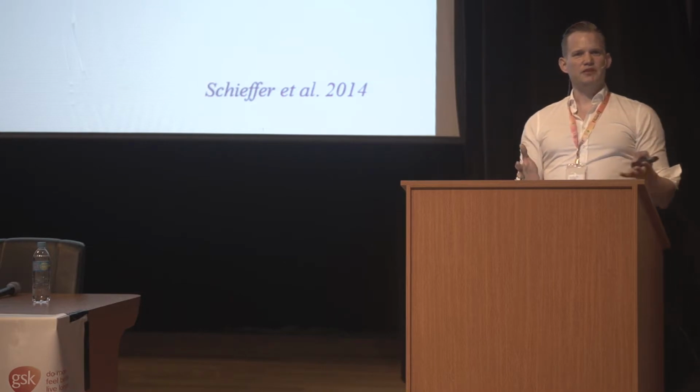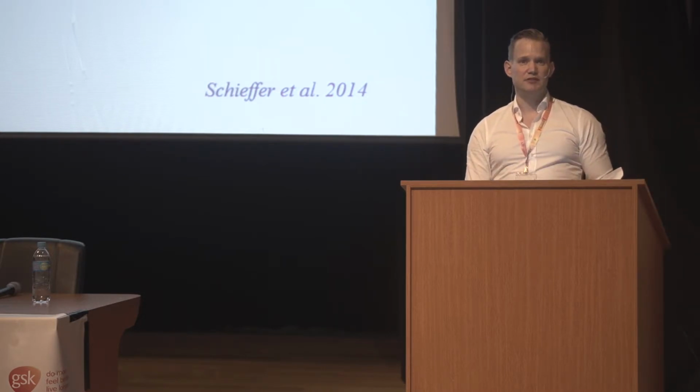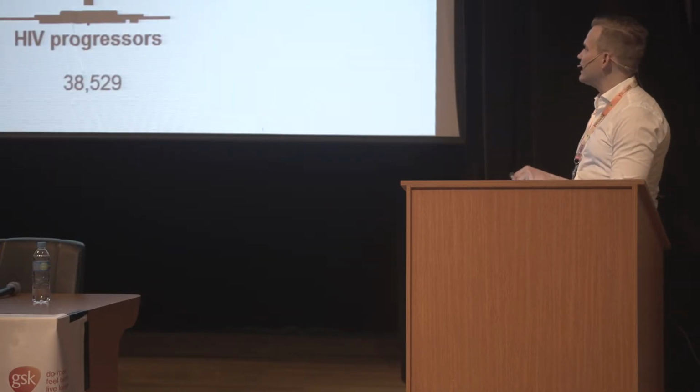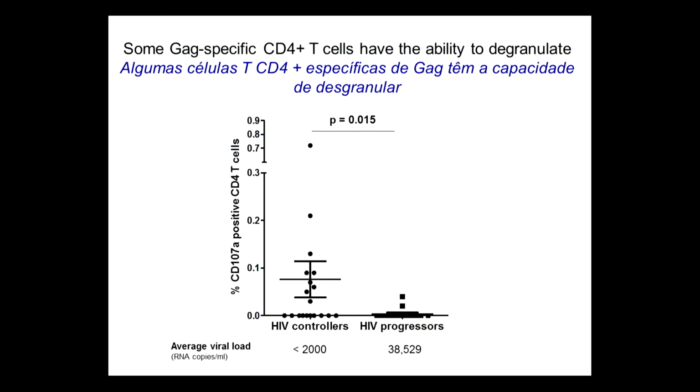Another interesting observation that we made from the GAG-specific responses in elite controllers was that they showed the ability to degranulate. Now, what do I mean by degranulation? Well, when a CD8 T cell or an NK cell recognizes its antigen and wants to kill the target cell, it releases vesicles containing perforin or granzyme.